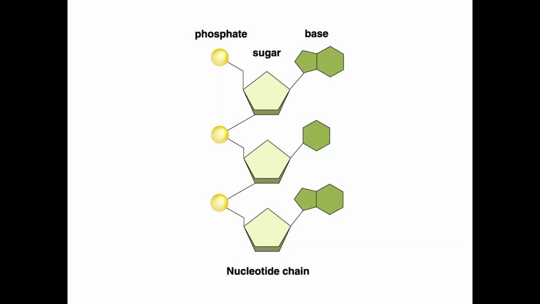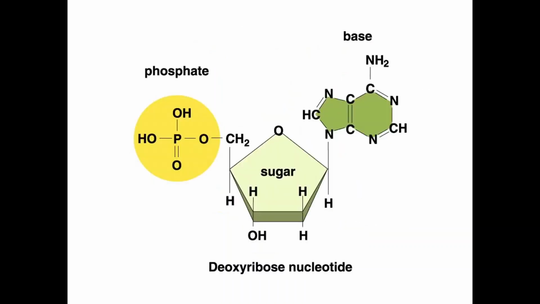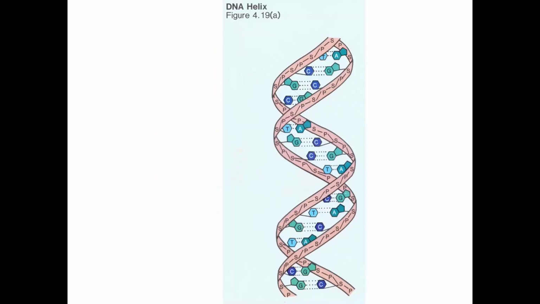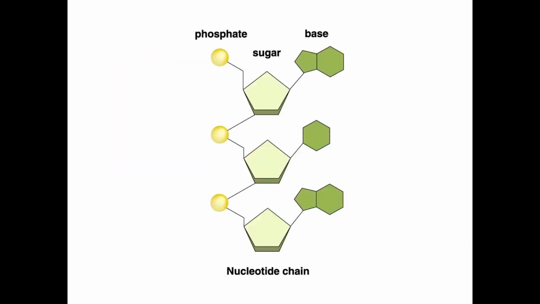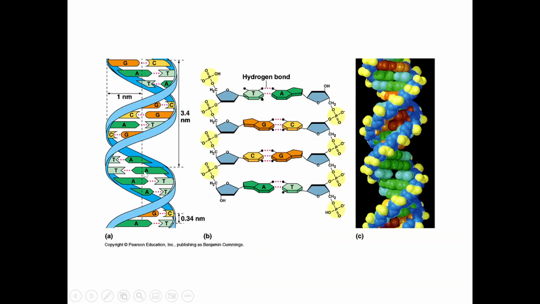Okay, so you can form a nucleotide chain. And you can do that by having our different little phosphate groups all up there. So we have our little nucleotides themselves, and they're able to form a chain.